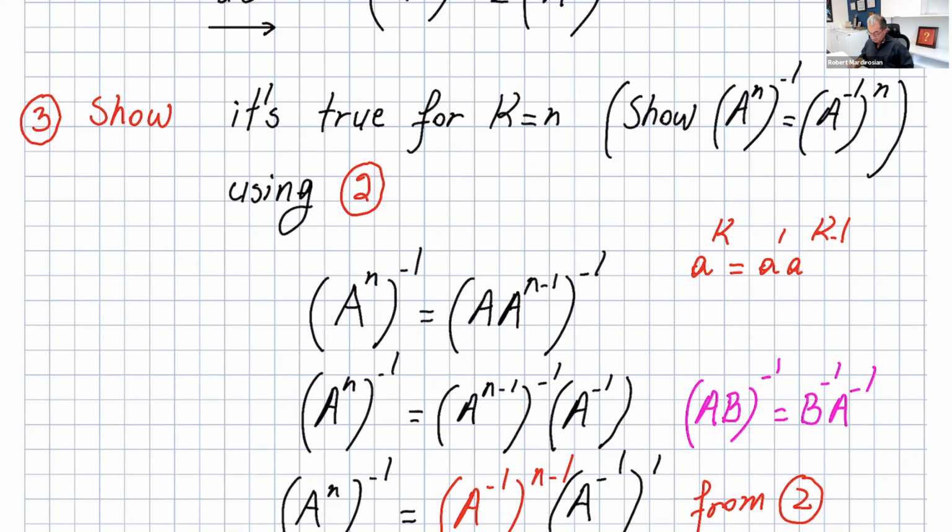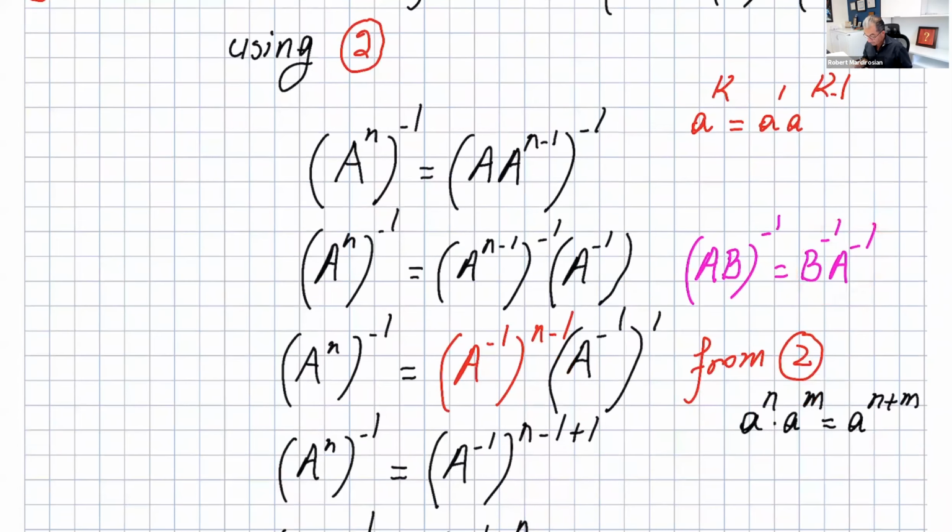A to the n inverse. Now we have this property of inverses: A times A to the power of n minus 1, inverse, can be written as A to the power of n minus 1 inverse times A inverse, by just using that.